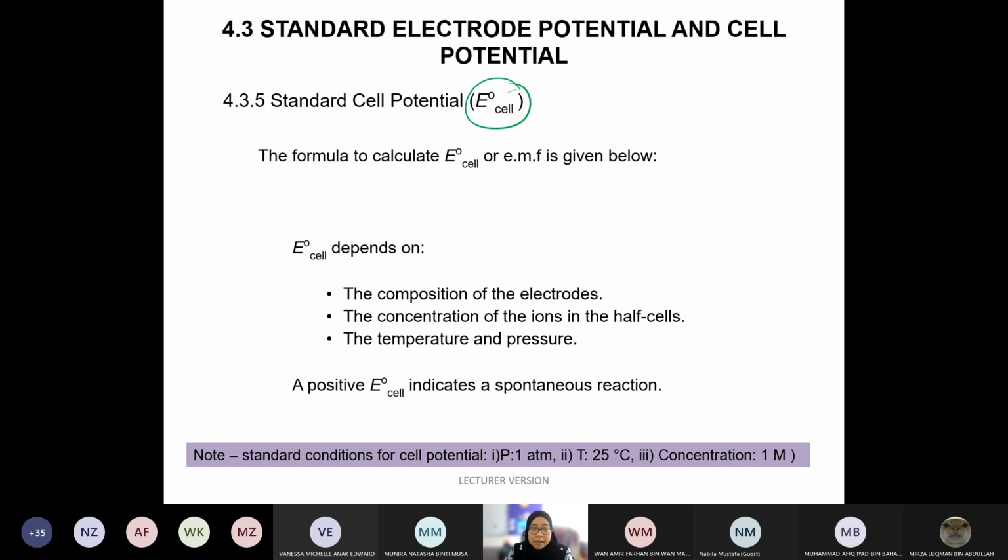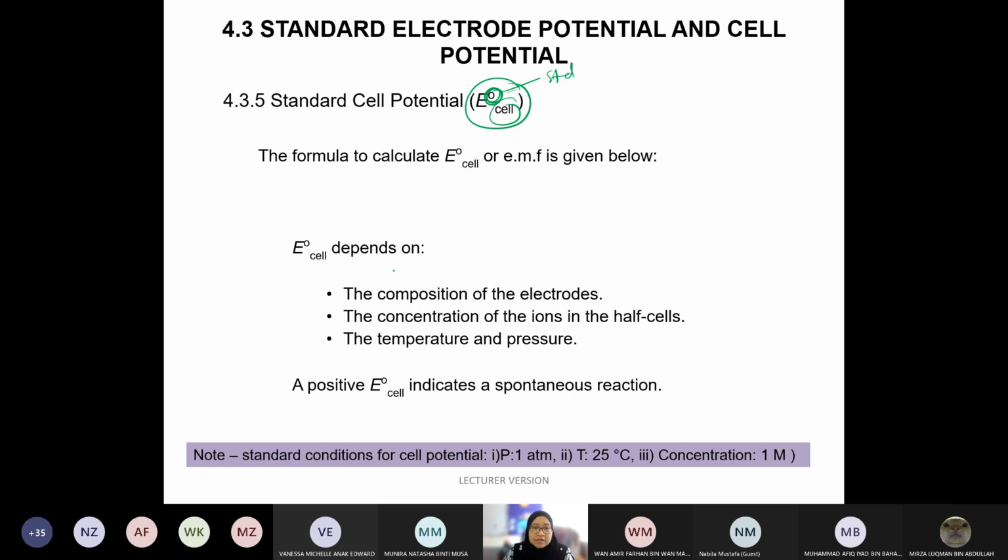E stands for potential. Naught stands for standard condition. Cell means the potential of the cell. The formula to calculate E naught cell or EMF is given below.